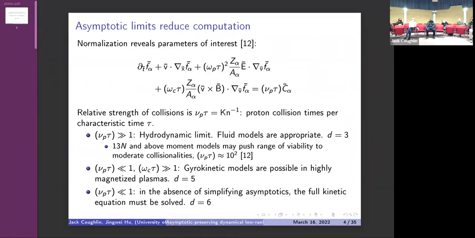And then, of course, in the absence of any of these simplifying limits, you still have to solve the full equation, the full 6-dimensional kinetic equation here. So a natural question to ask is, are there any off-the-wall numerical techniques that we can apply to reduce the computational dimension of our problem and save some work?